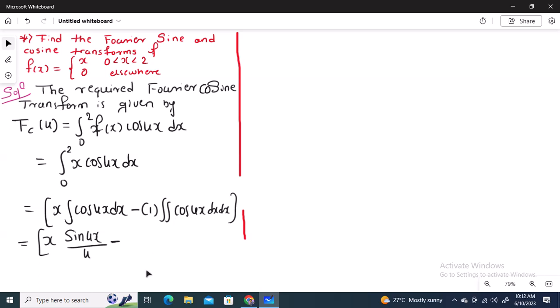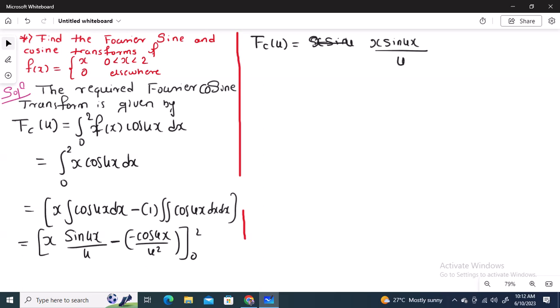So integration of sine is minus cos ux by u square between the limits 0 to 2. So if we simplify, what happens? Fc of u equals x into sine ux by u.